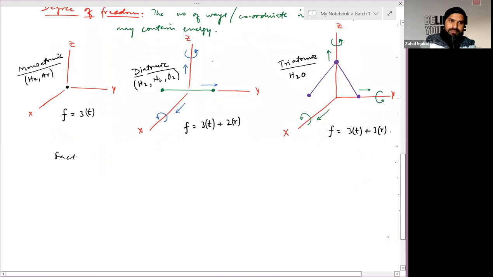So on what factors may this degree of freedom depend? You will be asked about factors affecting degree of freedom. So first is the number of atoms in one molecule.